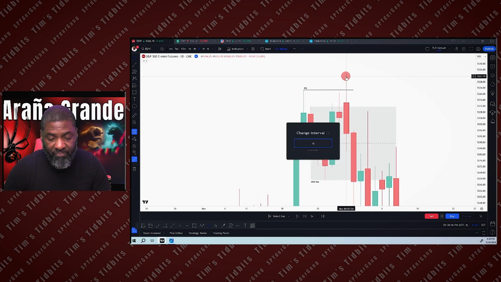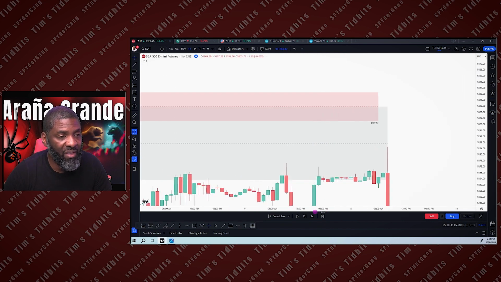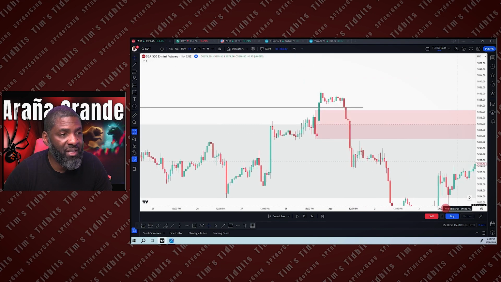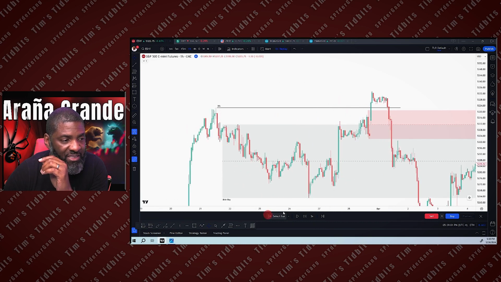As we go up, go to the 60-minute. As we go up, now that we've hit it, now we're creating a breaker on the lower time frame. Now, mind you, this gray shaded area, that's the daily breaker. It's not created yet, but we're anticipating it to be created.